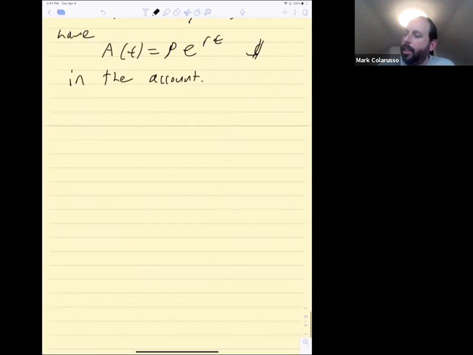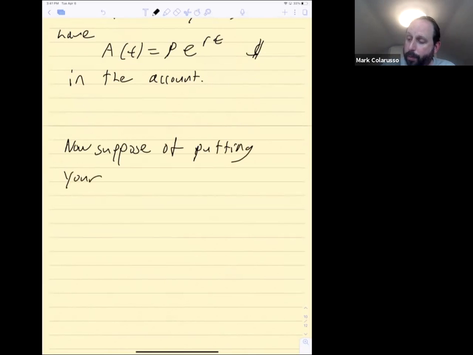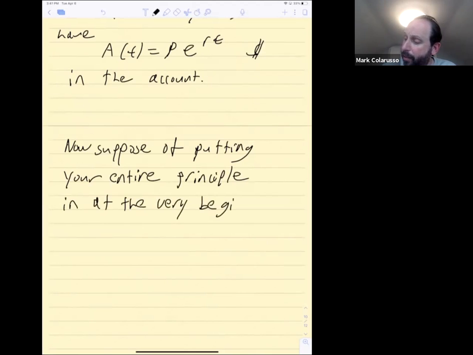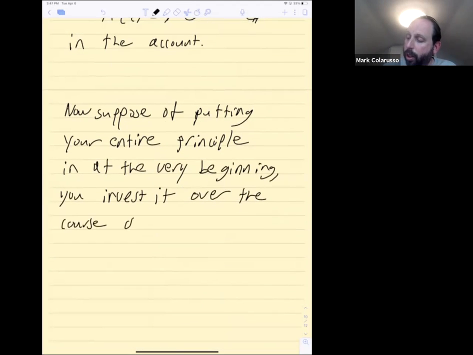So I'll write this up. Now suppose that instead of putting all the money in, your entire principal, at the very beginning, you invest it over the course of capital N years.